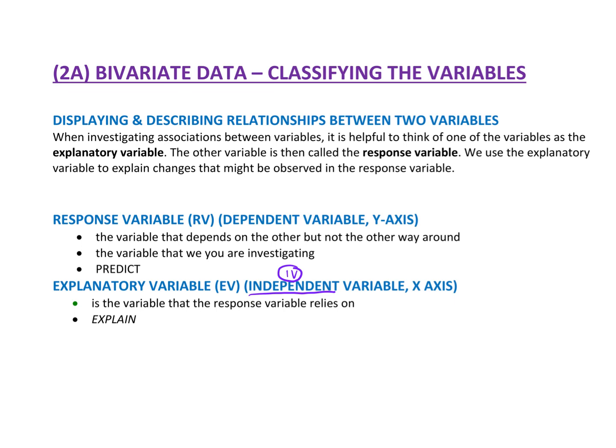If you've done any psych or bio or even physics, they'll call it the independent variable. Then we also have the other one, the response variable, which is generally the one that we are predicting or trying to investigate or look at. That word predict is a good giveaway for the RV, or the response variable.